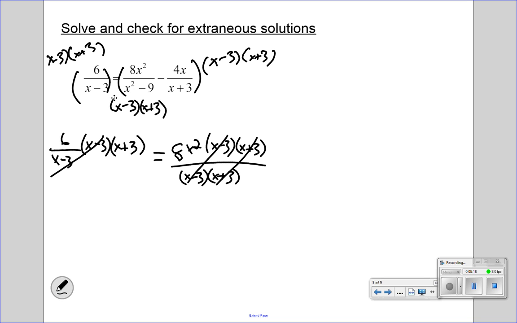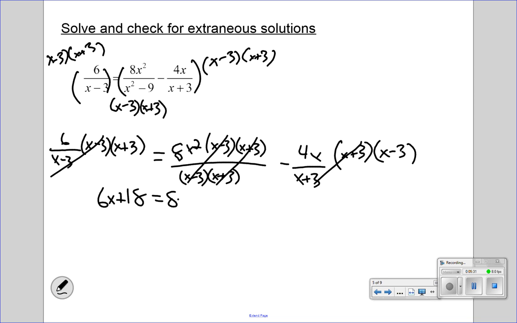These all cancel out. And then minus 4x over (x plus 3) times (x plus 3)(x minus 3). It cancels out. So we're left with 6x plus 18 equals 8x squared minus 4x squared plus 12.